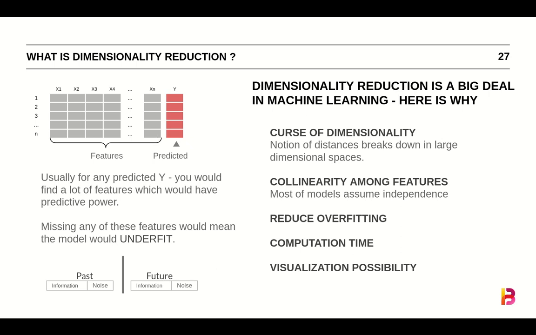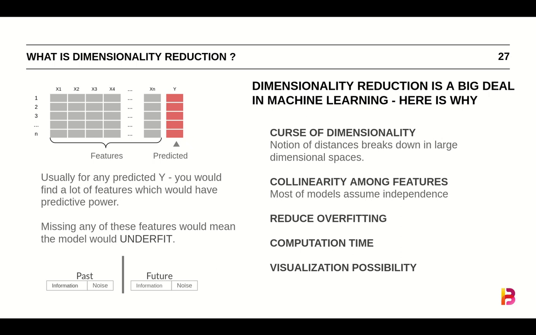Now, remember, the heart of machine learning is learning from past data, extracting information from it, isolating the noise, with a hope that this information repeats in future. If we are able to do that correctly, our models work well. If we take too many features, we also learn some of the noise with the information.